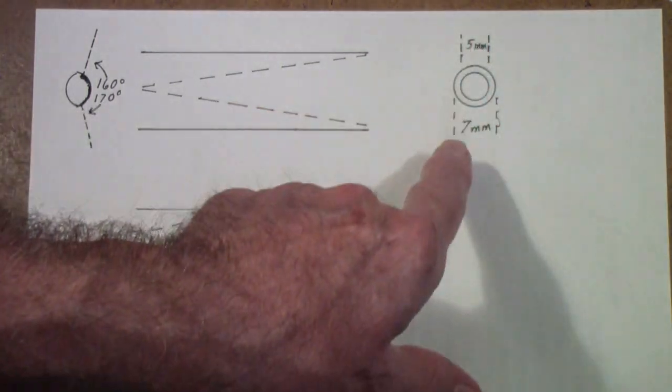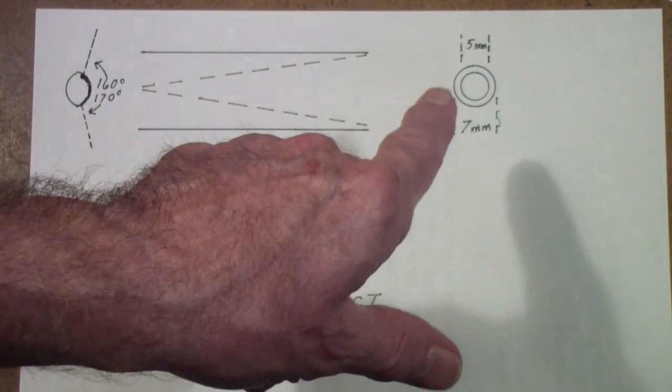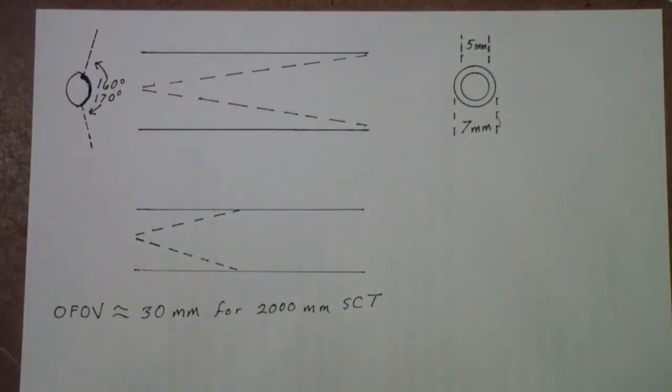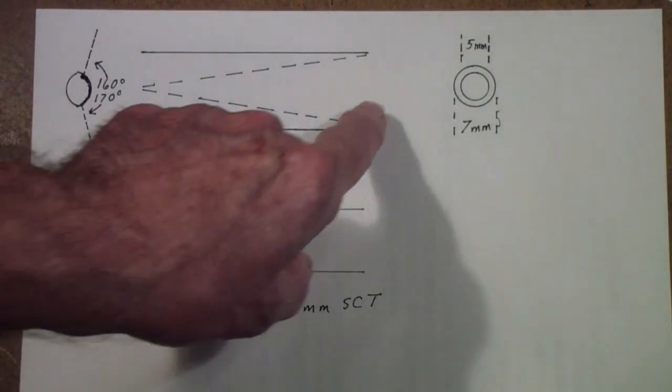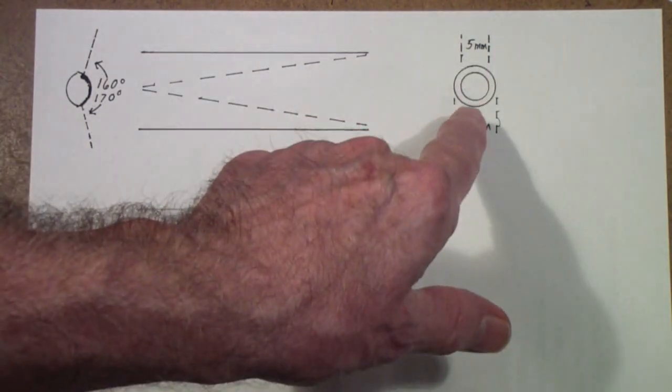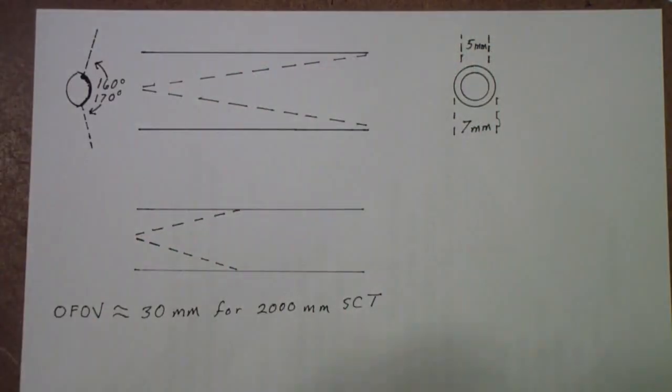Most people that are more than 20 or 25 years old only can go to about 5 millimeters, and that's when the eye is dark adapted. So you're limited by what you can see through a telescope tube, and you're limited by how big your eye can open up. And the reason that is important is because of what is known as field of view.